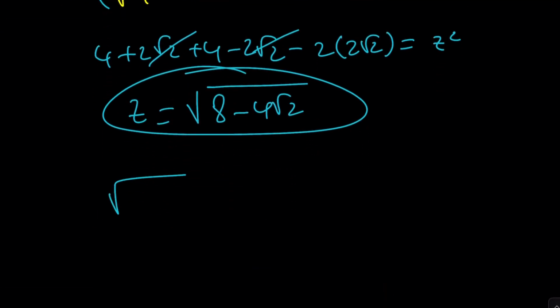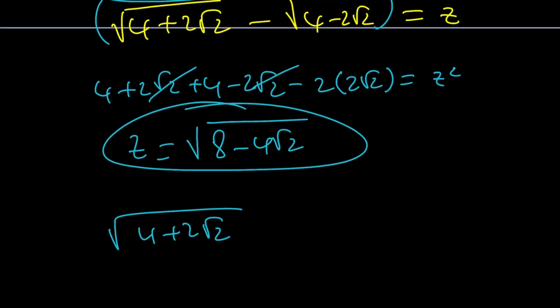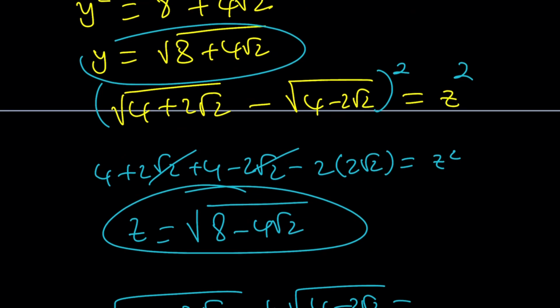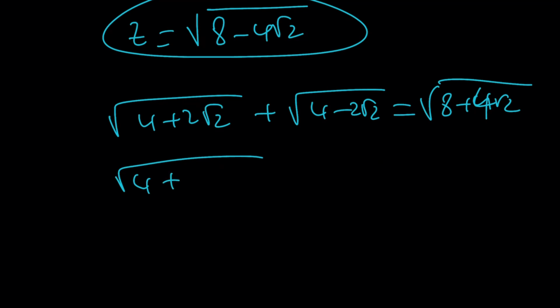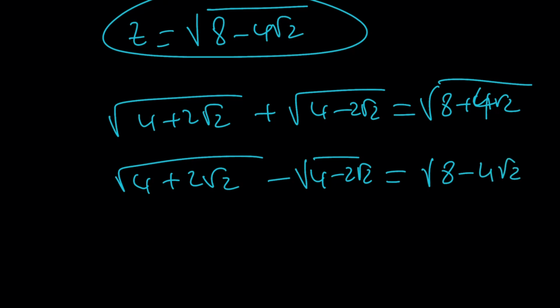So notice that the first one was my y value, which is the square root of 8 plus 4 root 2, right? Sorry for my messy writing. And the second one was the difference, and that was equal to the square root of 8 minus 4 root 2. By the way, that kind of makes sense because these are supposed to be conjugates, right? I should have known that.